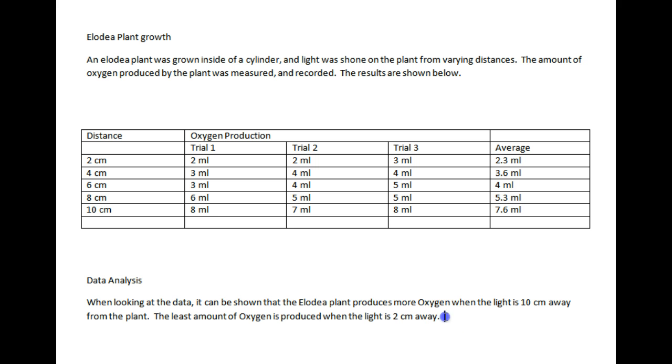The next thing that we could probably do is say why this could possibly be so. This could be a result of the Elodea being too close to the light at 2 centimeters, possibly a little too close for the plant.